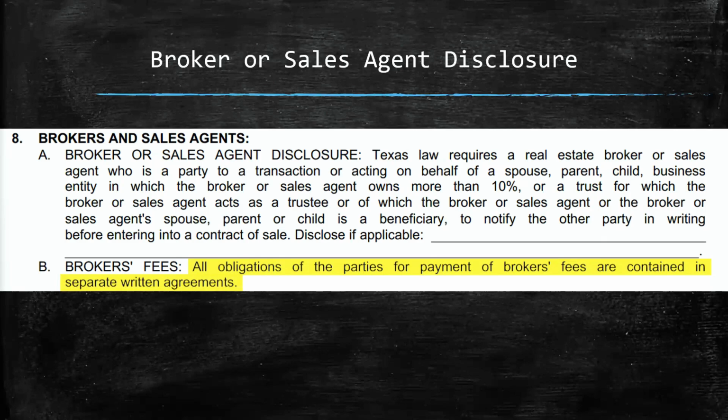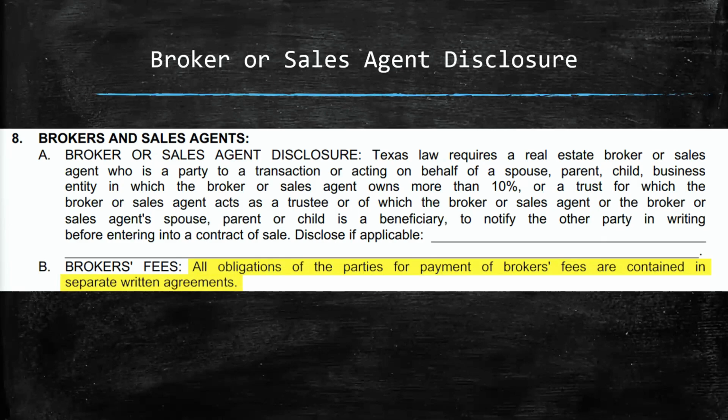So anything that's written in on the broker information page, once again, is informational only. And it does not change any agreement either by the seller to pay a listing commission or the buyer to pay a buyer's agent's commission.